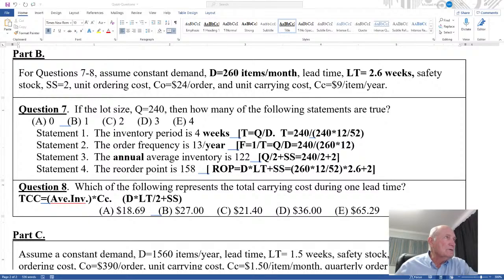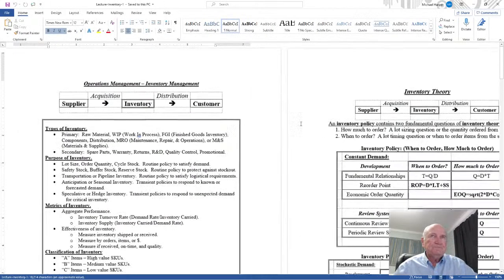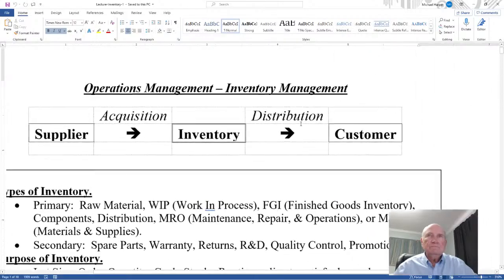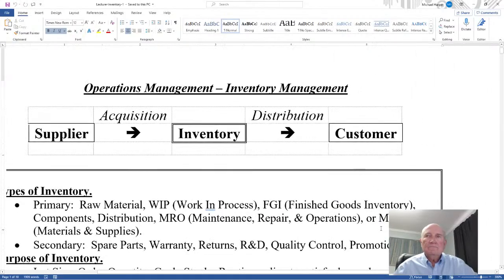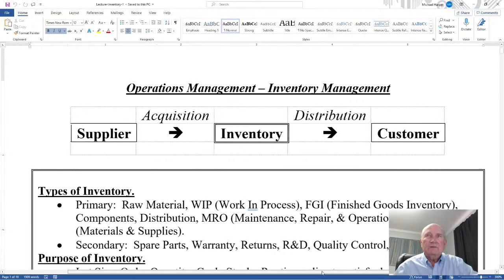Let me come back to my red book here. Let's bring up the lecture for inventory and come down to ROP.